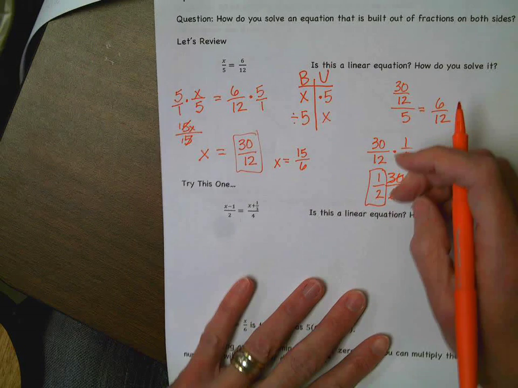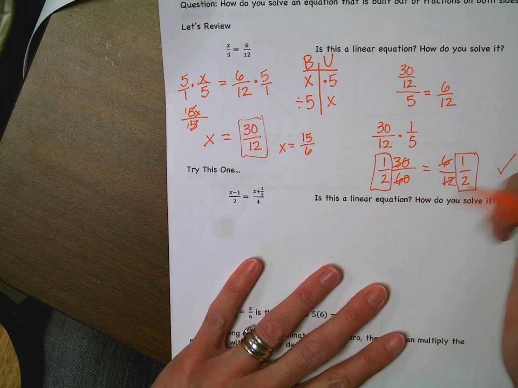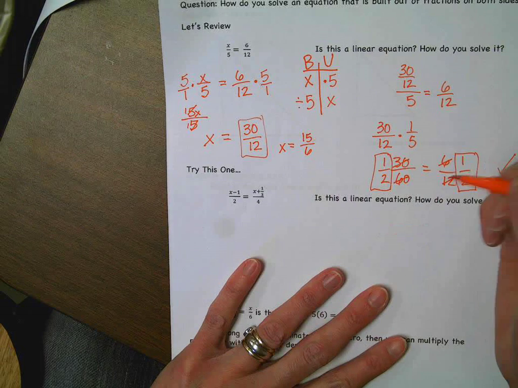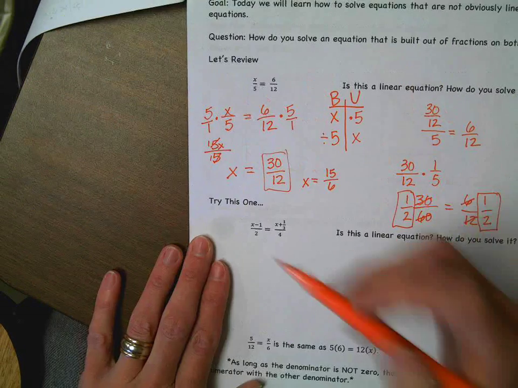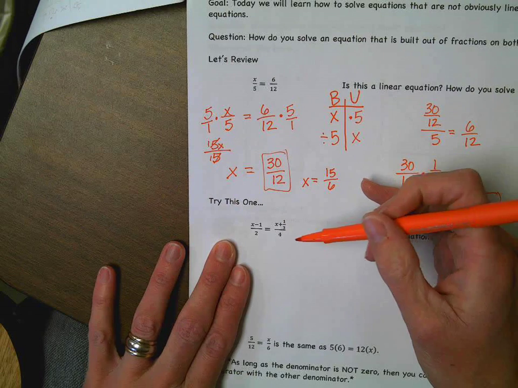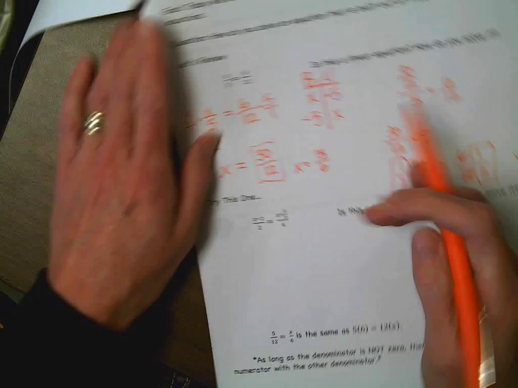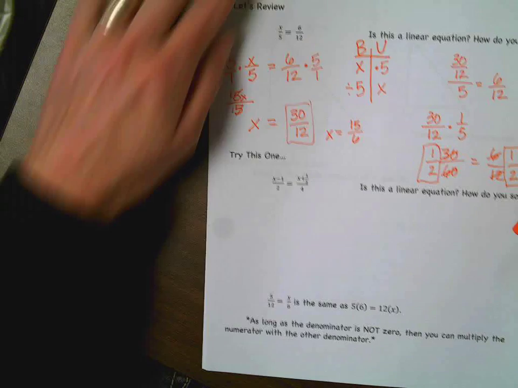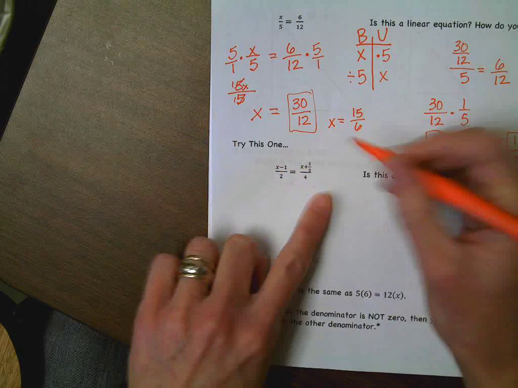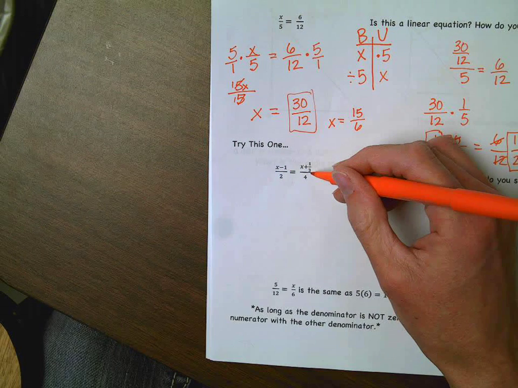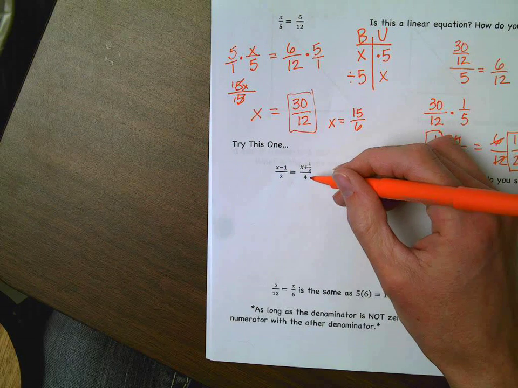So the BU chart works. I know that some of you really don't love it, but if you can identify what is happening, then you can figure things out. The first thing that I would like to do, however, before we do the BU chart, is get rid of or take out this fraction on this side. And if I take out the fraction on this side, I would also like to take out the fraction on this side.